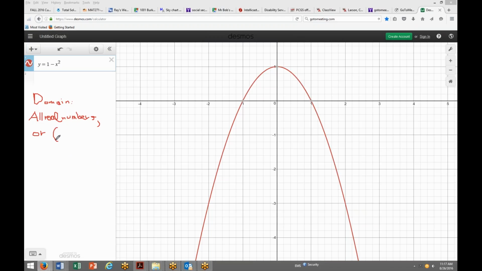So we're going to say the domain is also the interval of values from negative infinity, comma, all the way up to positive infinity, and close the parentheses. So that's another way to express the set of x values, the domain of this function 1 minus x squared. The domain is all real numbers, but it's also in interval notation, negative infinity, comma, infinity in rounded parentheses.